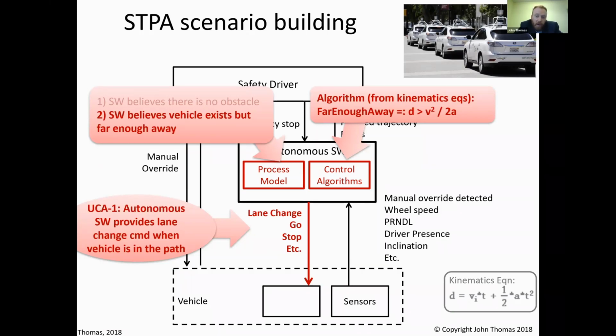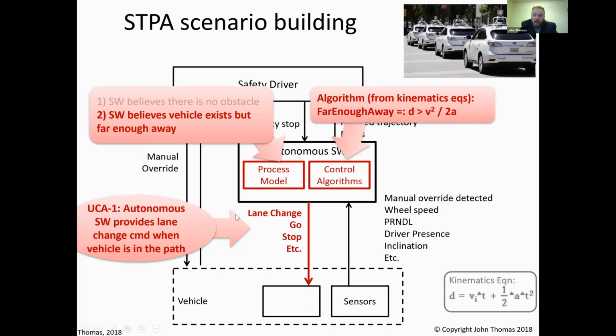Yeah, so somehow the measured distance is higher than the actual distance. So the actual distance is too low, is what would cause this. So if we measure somehow, whatever feedback we use, if the measured D is too high, that would cause this to evaluate incorrectly. It would cause this incorrect belief number 2, and it would cause this unsafe control action number 1.